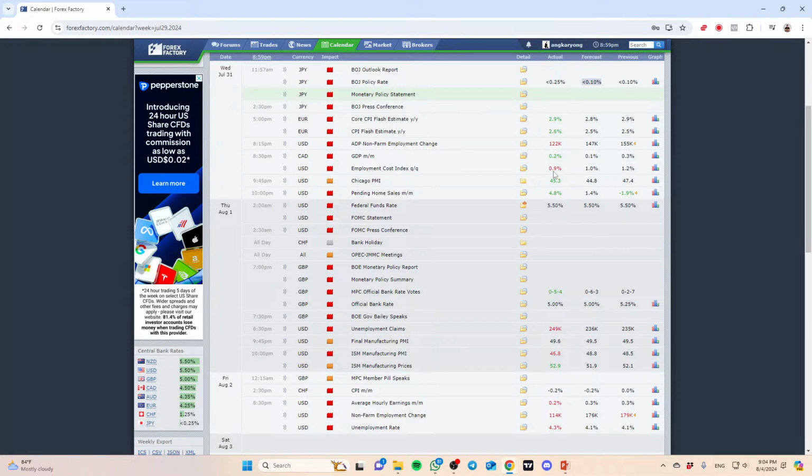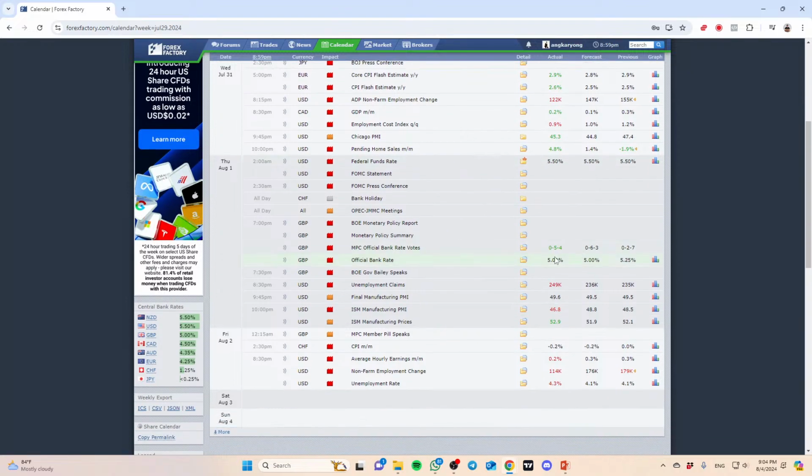Last week we also had the FOMC, but there was not much of a movement. Basically, they maintained rates. But the Bank of England came in and decided to cut rates. Not a surprise, but they decided to cut.